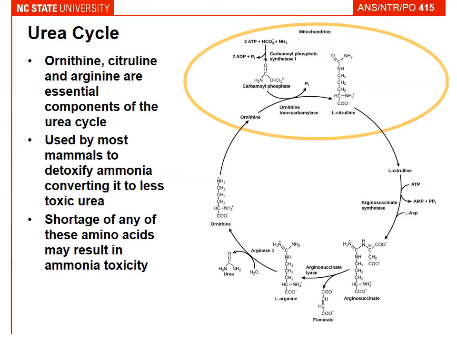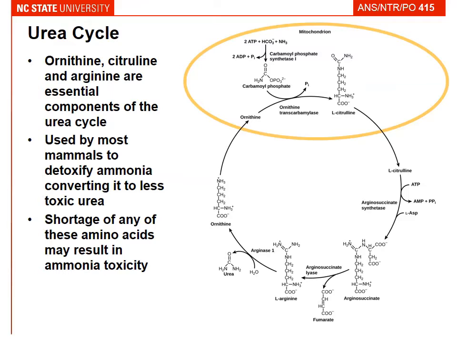So when we are utilizing our amino acids for energy, we have to account for the ammonia or the amino group that needs to be removed before we can have it synthesized into glucose.